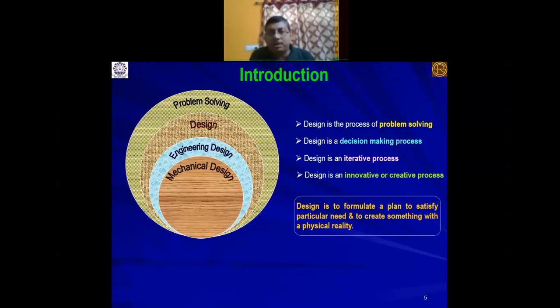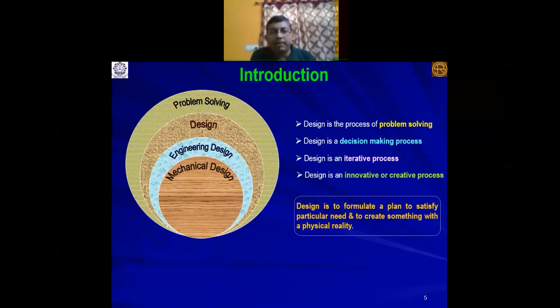It is your choice. So in order to design your room, you have to take decisions. Similarly, in engineering design also, you have to take decisions. So design is a decision-making process, and it is an iterative process, which I will tell you about afterward. It's not straightforward. Many iterations are needed in order to finalize a particular design.